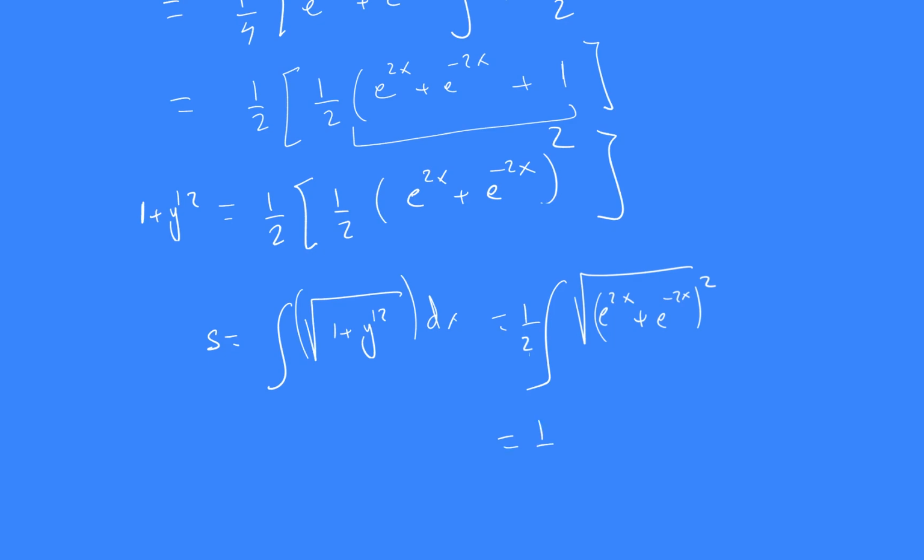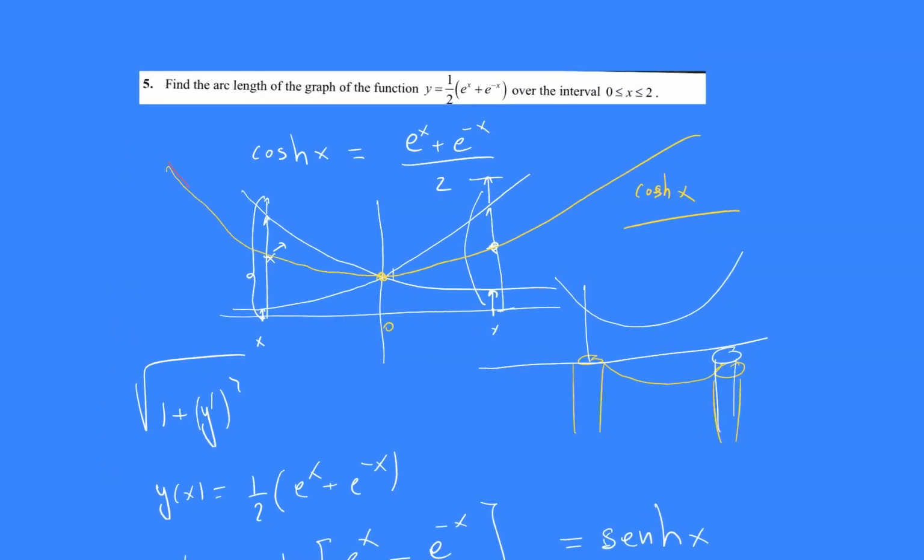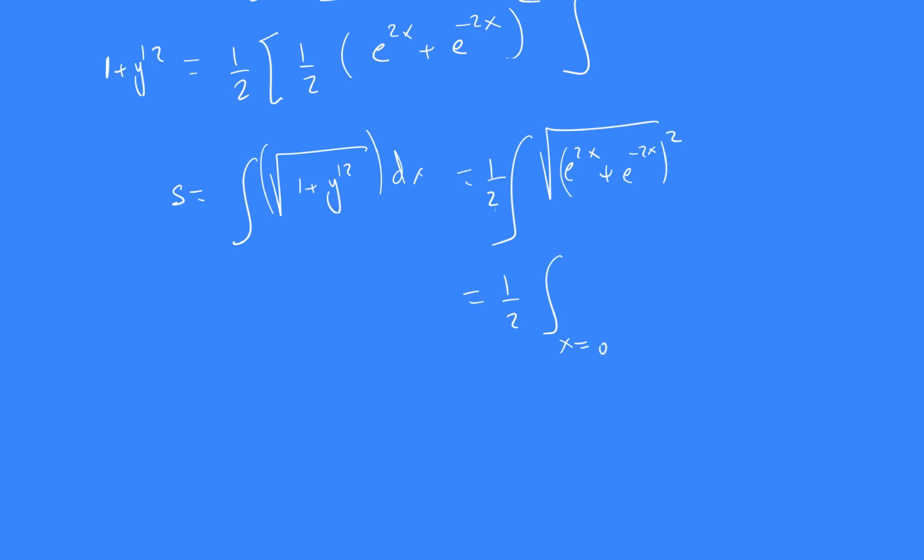And now it will be 1/2 the integral from x equal 0 to x equal 2 of e to the 2x plus e to the minus 2x, because the square and the square root will cancel, dx.